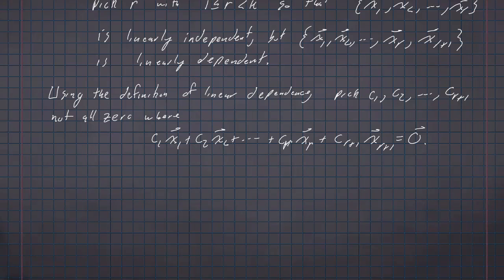The fact that we have linearly dependent vectors tells me that this must happen. There must be some values of C where they are not all 0, and yet this still occurs.